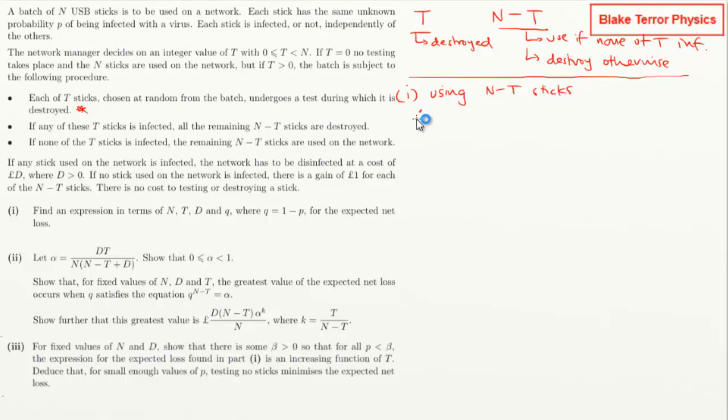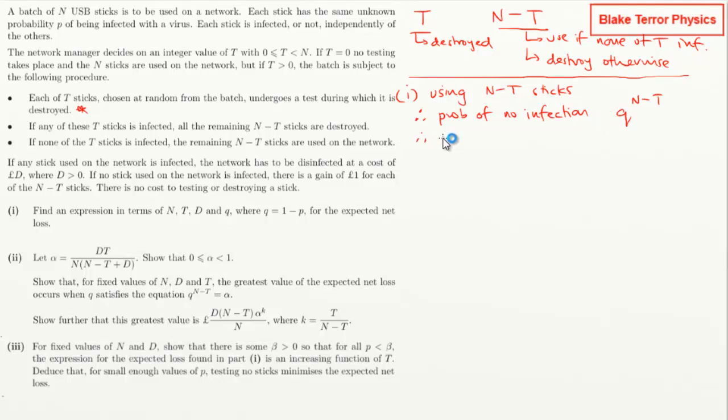So therefore, we've got the probability of no infection. P is the probability of being infected, so Q is the probability of not being infected. So that is going to be Q to the N minus T. So that's our probability of having no infection.